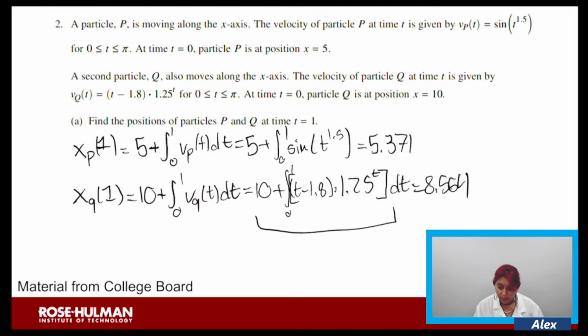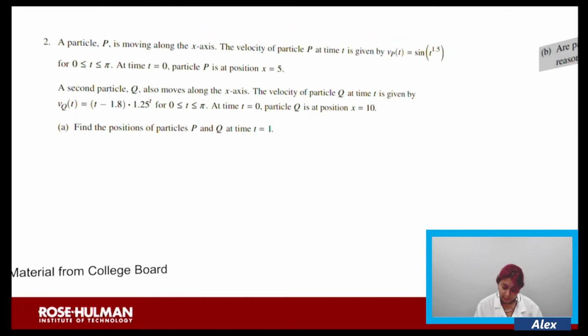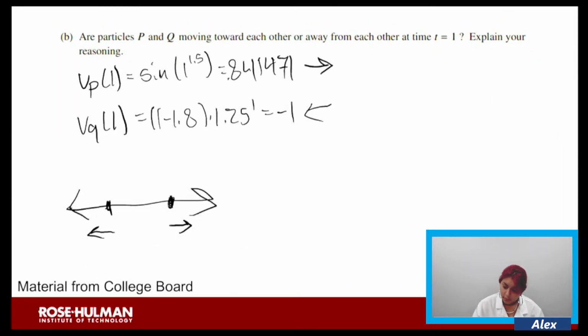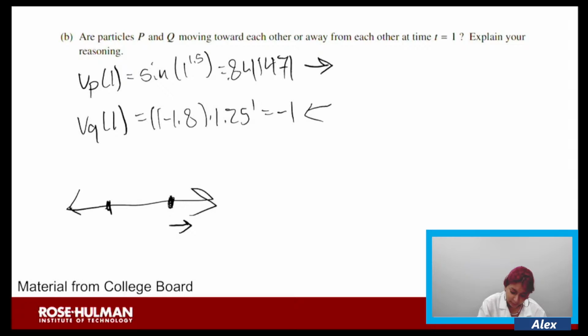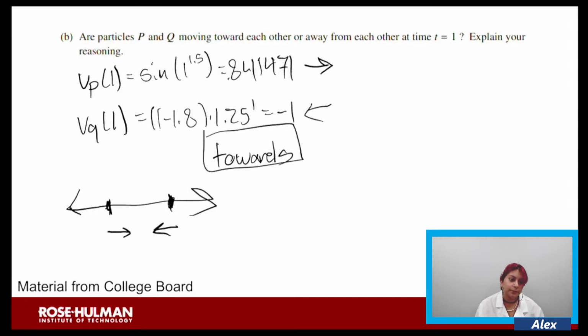So if P is at 5.4 roughly and Q is at 8.6 roughly, then if you put those on the x-axis to compare where they are, and we put this is 5 and this is 8, then they are indeed moving towards each other. So they are moving towards.